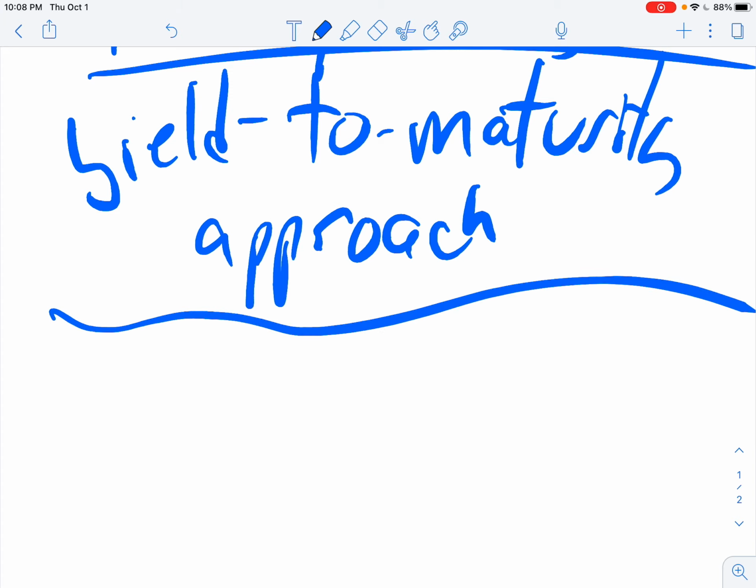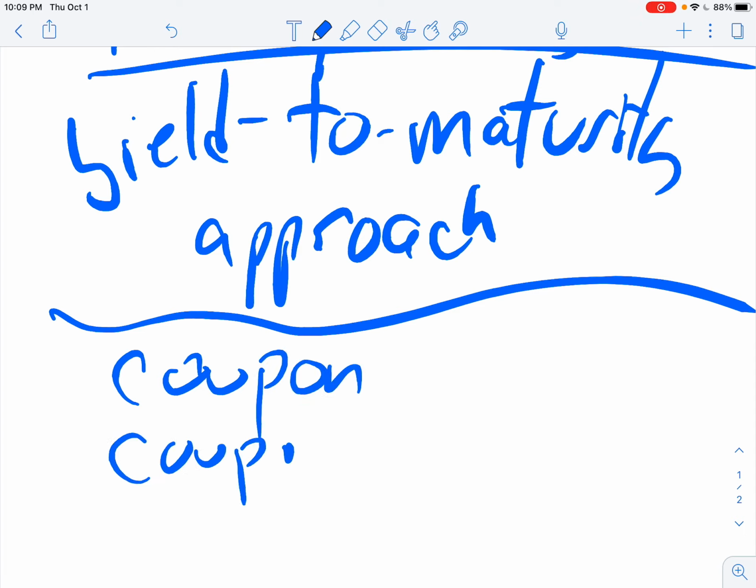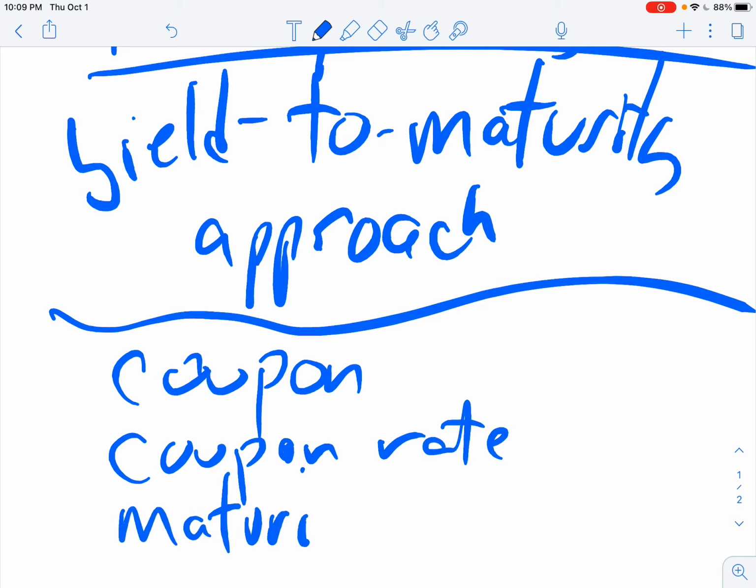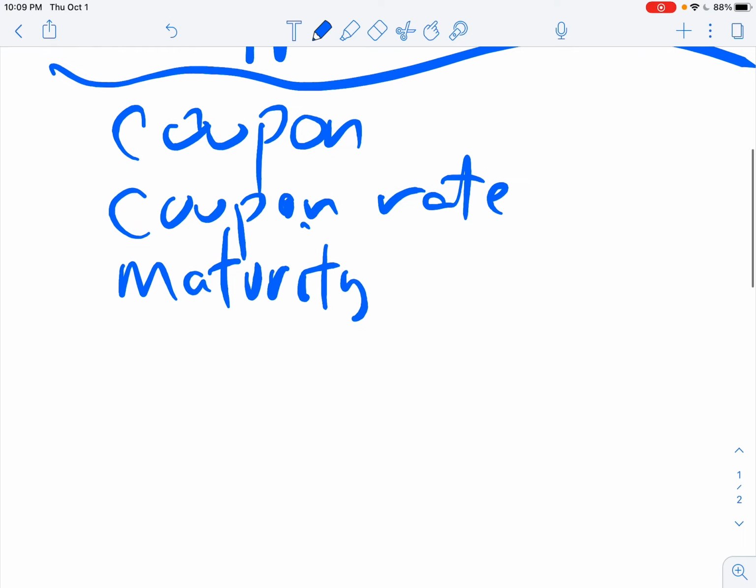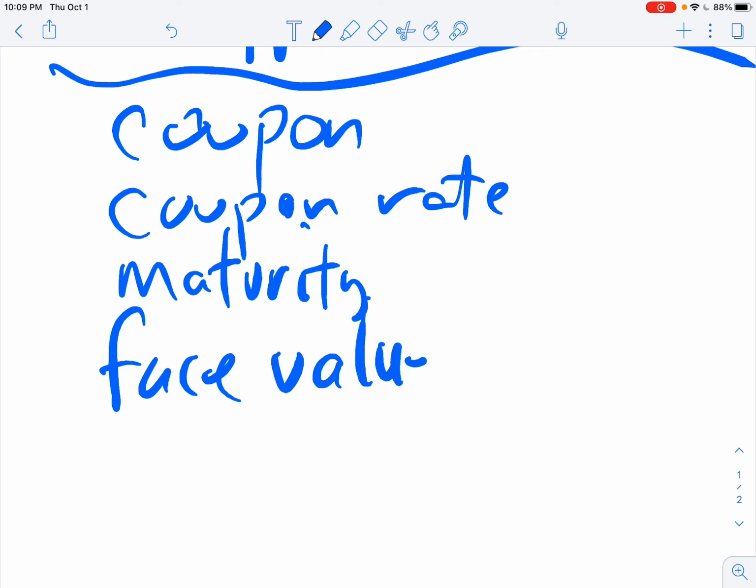So, some terms that are important. We need to know coupon rate, maturity. We need to know face value. We need to know original issuance maturity.